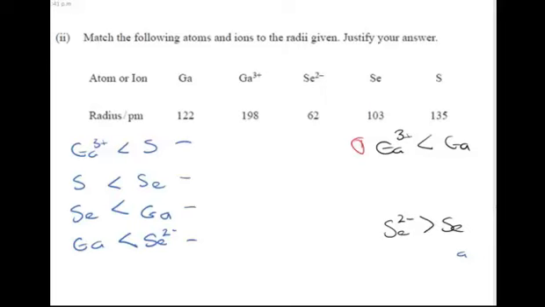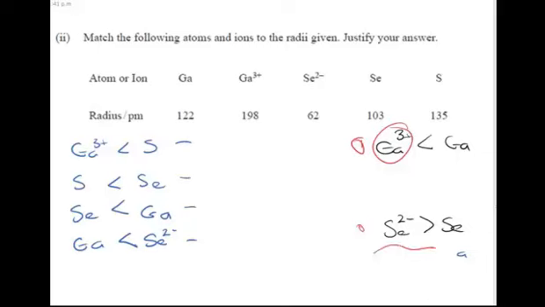Because those electrons are closer to the nucleus, they're going to be more tightly held, so we expect gallium 3+ to have a smaller radius. And you could also talk about selenium 2-: in gaining 2 electrons, everything else is the same, same protons, same electron shielding, but the extra repulsion means that the outer radius is going to be much bigger.